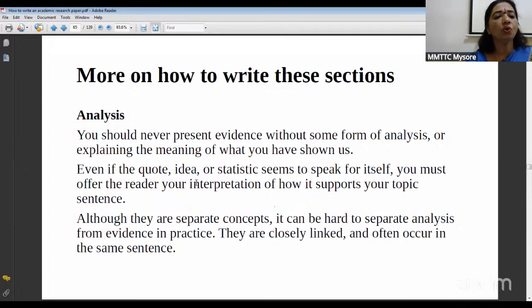Even if the quote, idea or statistic seems to speak for itself, you must offer the reader your interpretation of how it supports your topic sentence. Even if you are coming out with a new idea, a new result, you may open it for question. You should not make any absolute sentences. Although they are separate concepts, it can be hard to separate analysis from evidence in practice. Therefore, the evidence and the analysis should be linked with each other.